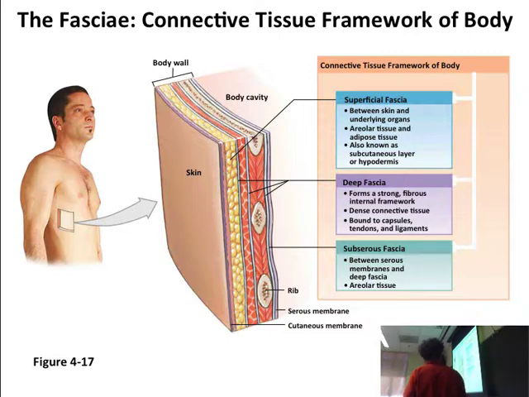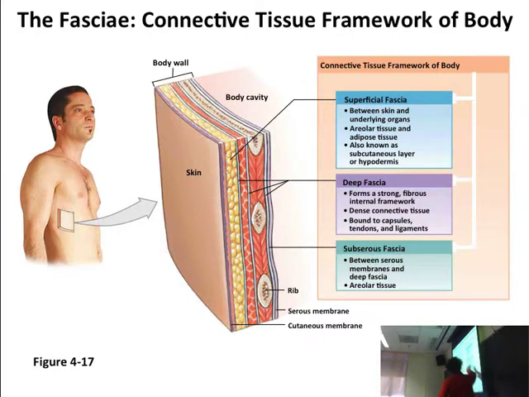It's mostly made up of areolar tissue and adipocytes. This is also known as the hypodermis, or the subcutaneous layer, so it's just below the skin. It also acts as a thermal barrier.